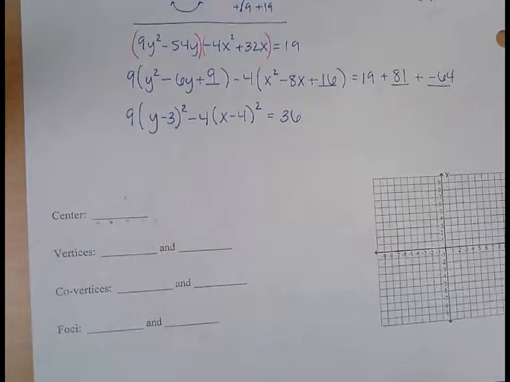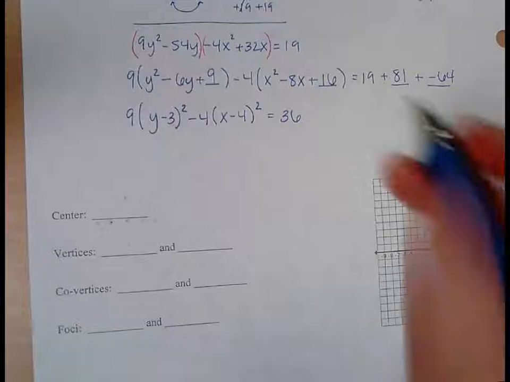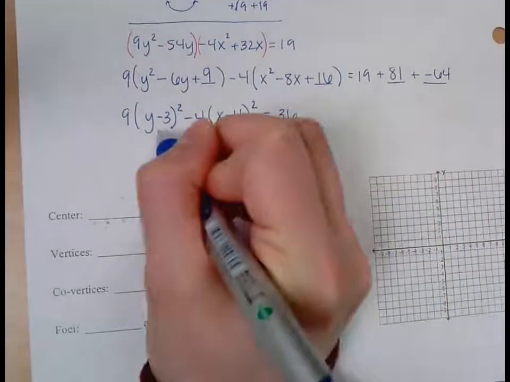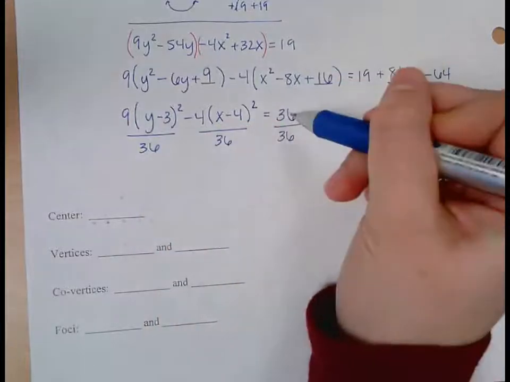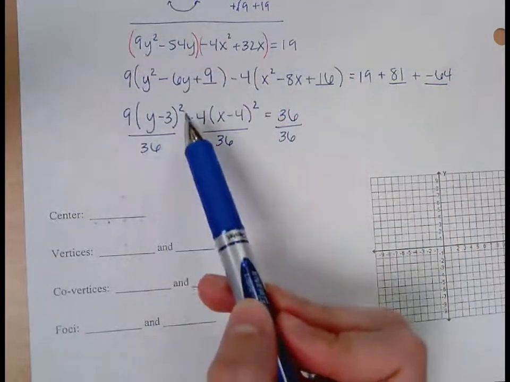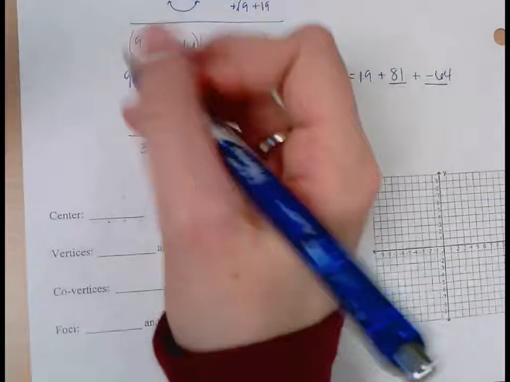All right, we're not quite to our standard form yet. Hyperbolas have to be equal to 1. What do we do to get this equal to 1? Divide everything by 36. And then you should see the coefficients in front of the y and the x's will cancel.